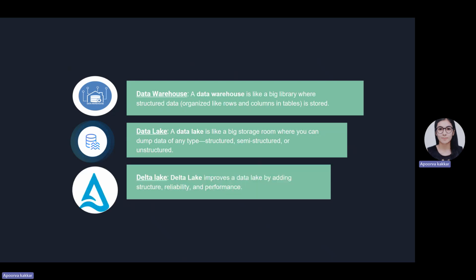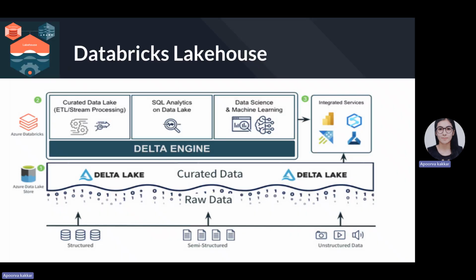Then Delta Lake. Delta Lake is just an improvement of the data lake, where structure, reliability, and performance are added to the data lake. These data lakes are the basic foundation of Databricks Lakehouse. So we can say that Databricks Lakehouse is the best of both data warehouses as well as data lakes.